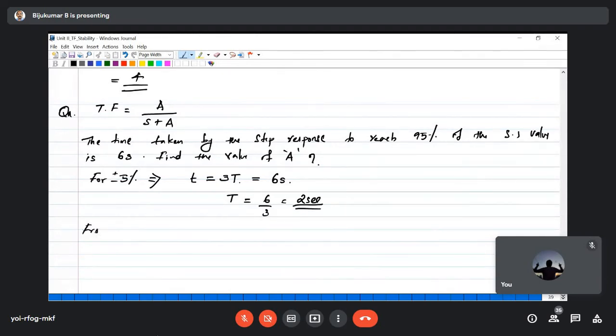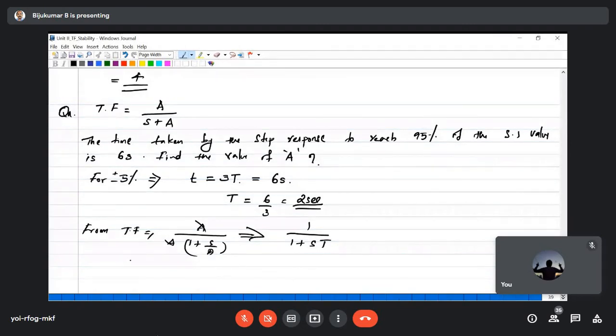So from the transfer function, we can rearrange it. A divided by, if you take a out, it becomes 1 plus s by a. The a will cancel. If you compare with the standard transfer function 1 plus sT, on comparing these two, you get T equal to 1 by a.